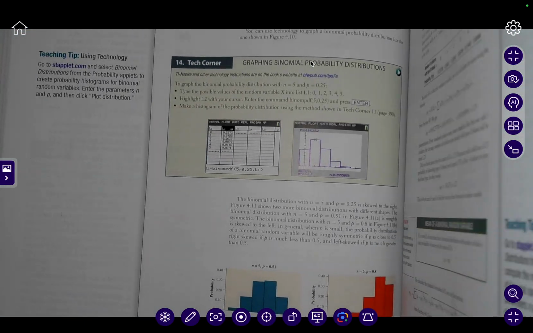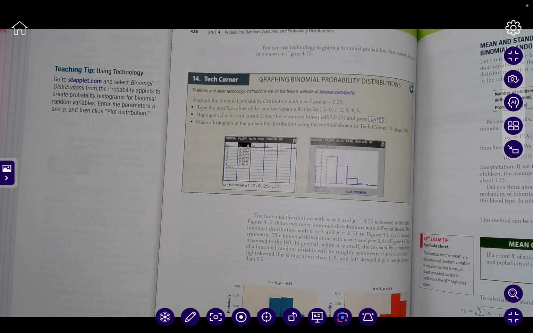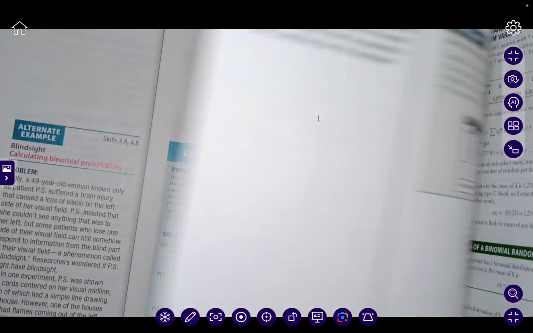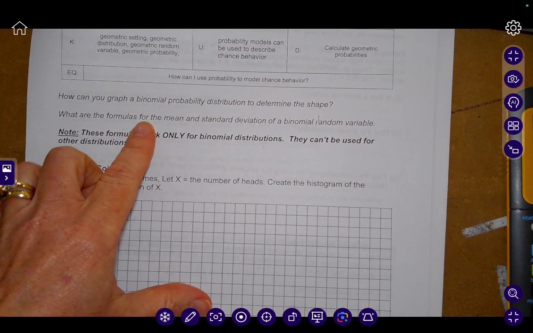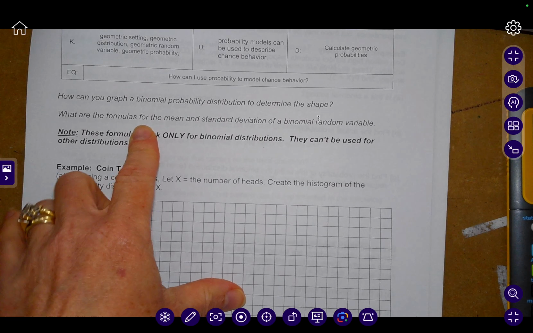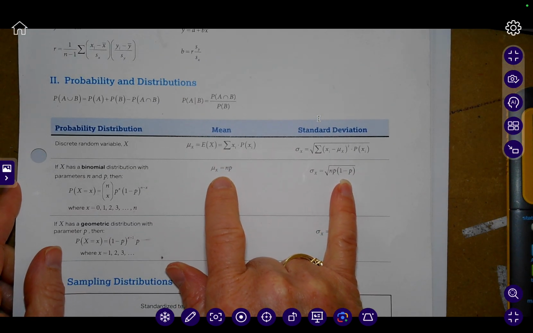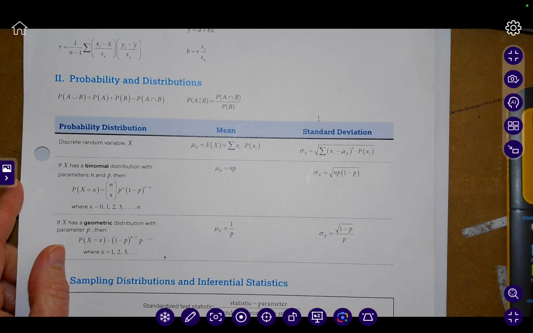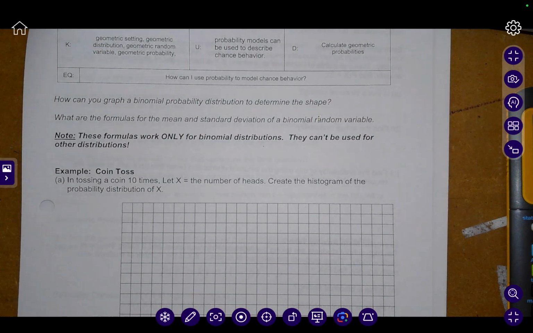If you look at the book on page 426, it kind of gives you some instructions here. So I'll show you that here in a second. The formulas too for your mean and standard deviation of a binomial are on that formula sheet. They are right there. That's what you had to use for that number 9. So there's the 2 formulas for the mean and standard deviation.